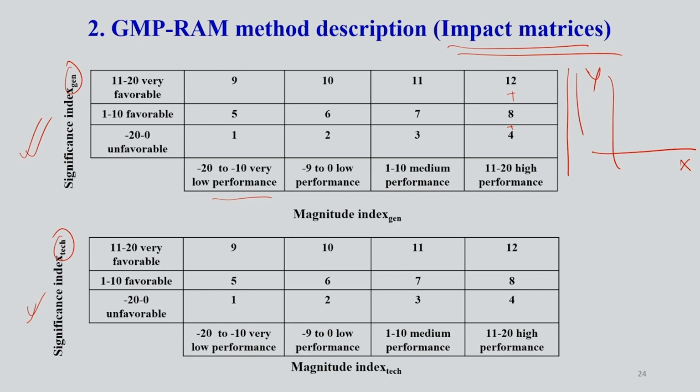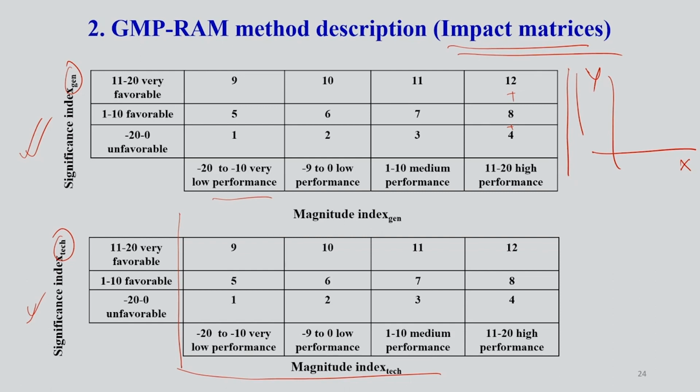Now, in case of magnitude index technology, there also you will find similar kinds of values given here. These values basically allow you to understand the impact of a particular GMP on the environment or surrounding organisms in the ecosystem.